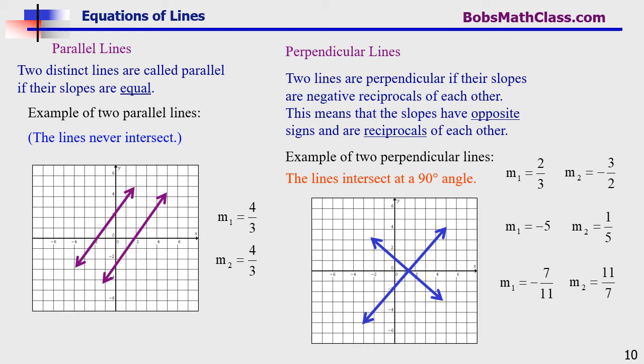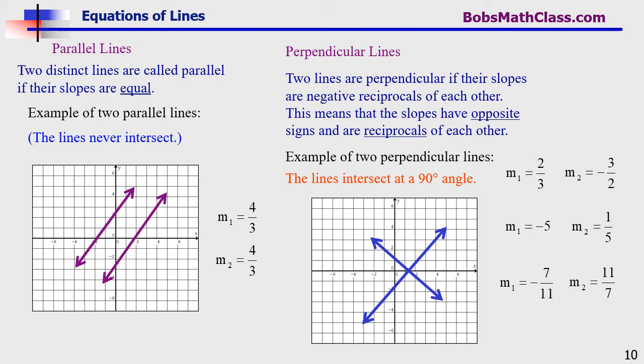Perpendicular lines, two lines are perpendicular if their slopes are negative reciprocals of each other. This means that the slopes have opposite signs and are reciprocals of each other. So opposite reciprocals. They have to be different signs.